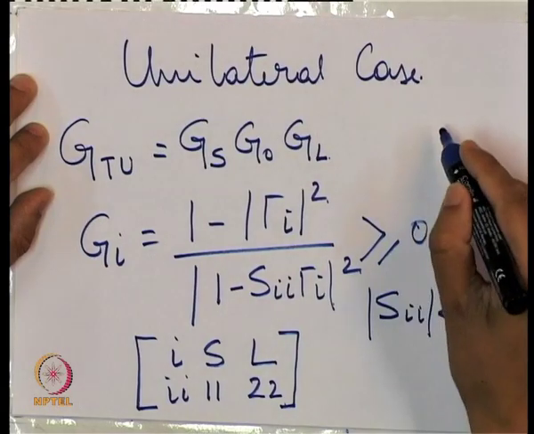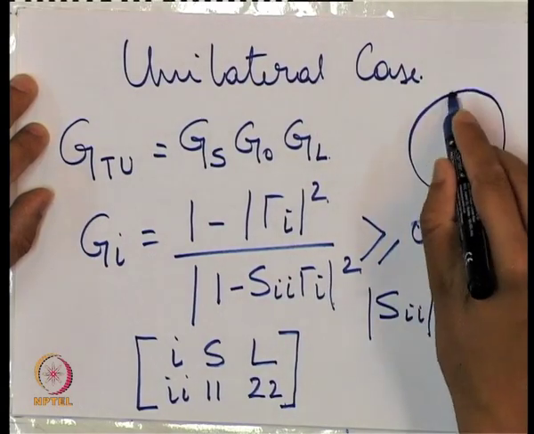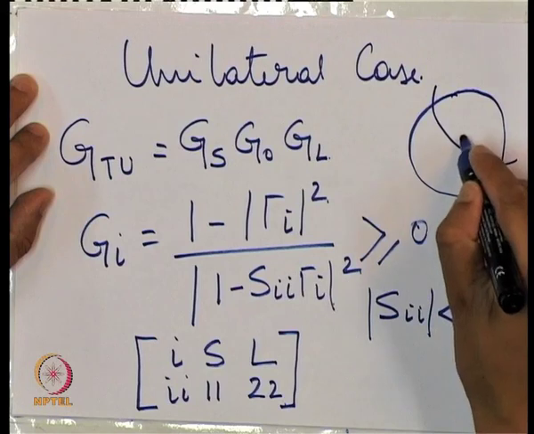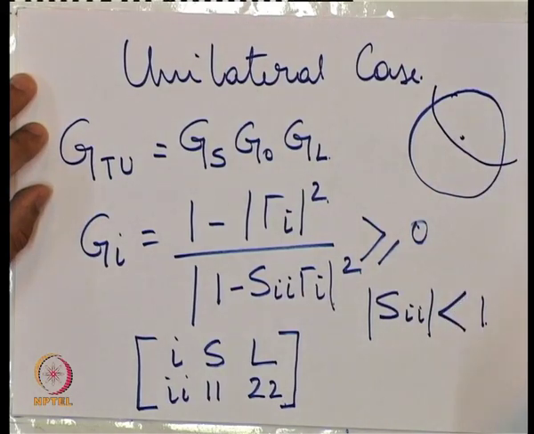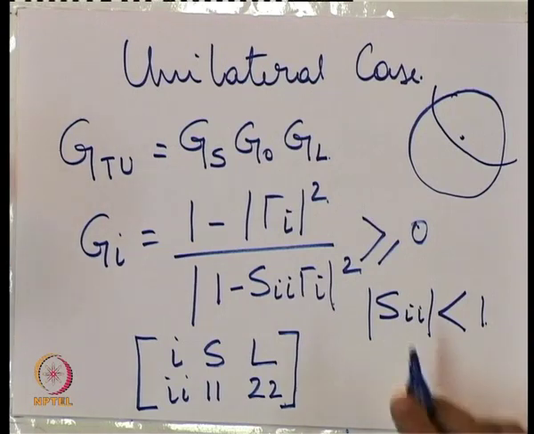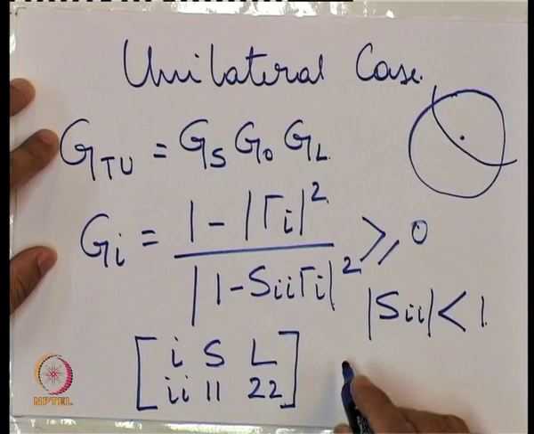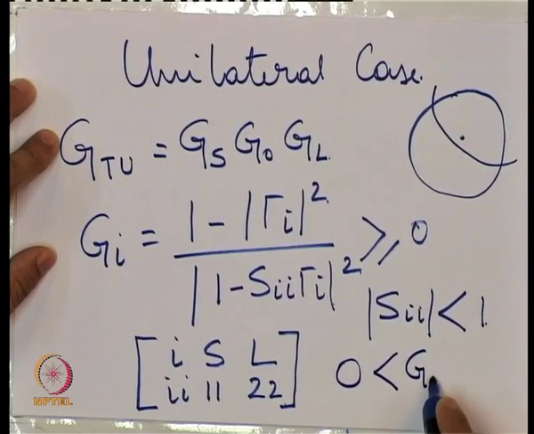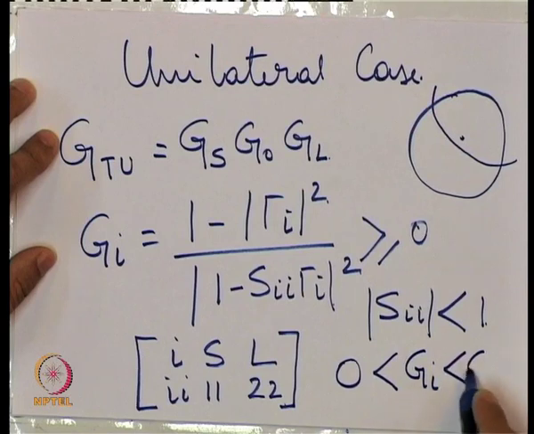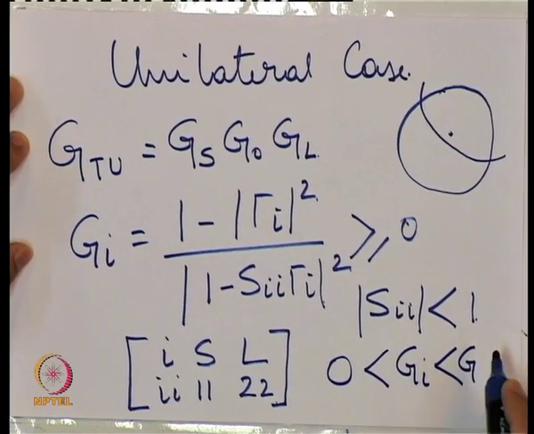This is of course considering the case where the stability circle is encompassing the center of the Smith chart. Now for this case, we have Sii lesser than 0. And our Gi is between 0 and some value Gi max.